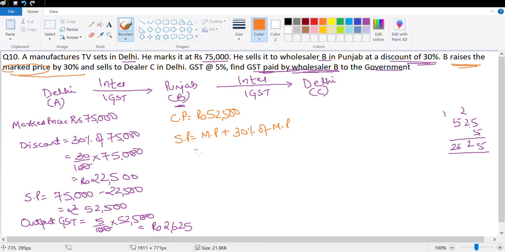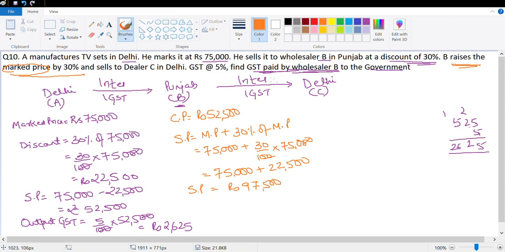Marked price is 75,000, and he's increasing it by 30% of 75,000, which we've already calculated. This is 75,000 plus 22,500, which is equal to 97,500. So that's the price that he sells it at to the person in Delhi.